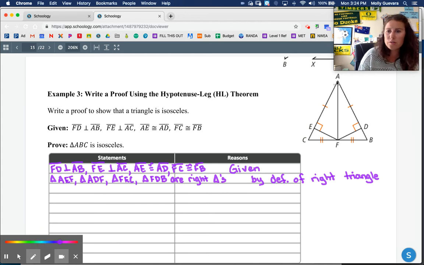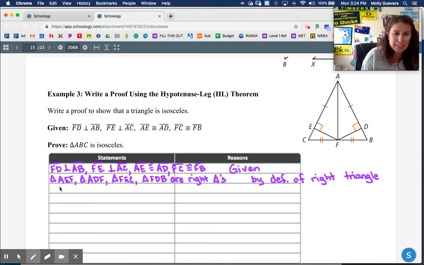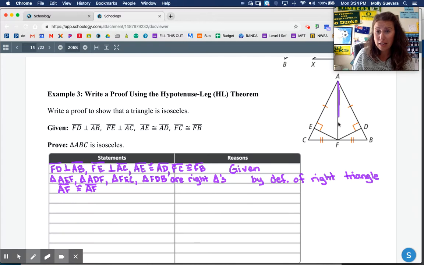I also know I'm looking at AF, and AF is the same line in both of these triangles, so I can say that AF in one of my triangles is congruent to AF in the other triangle, because it's the same line, right? This length in this triangle is the same as that length in this triangle.